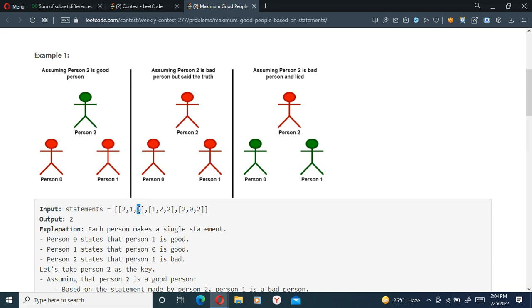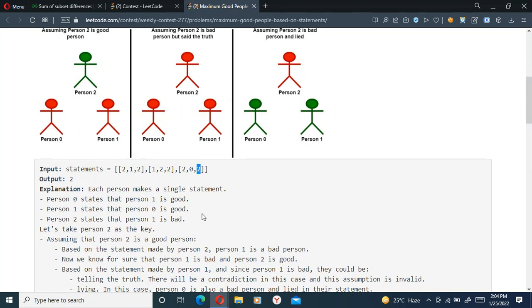This one's good. This one's again nothing. The 1th person is saying this one's good, and these two are useless. Again, this person 2 is saying this person is of no use, and this one is a bad guy, and this one's again a useless guy. Okay.